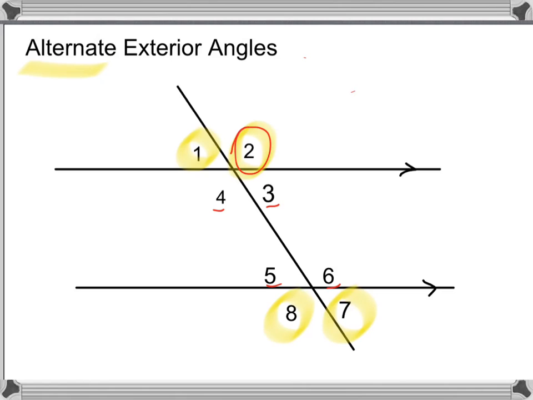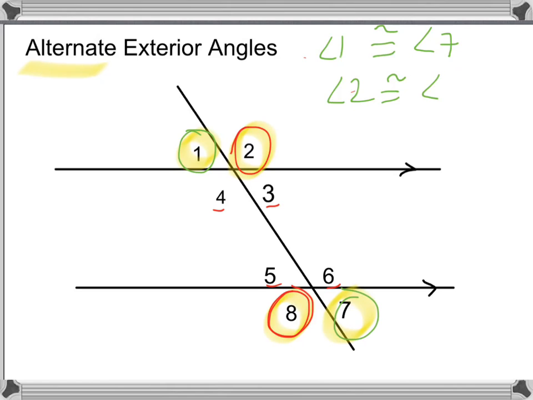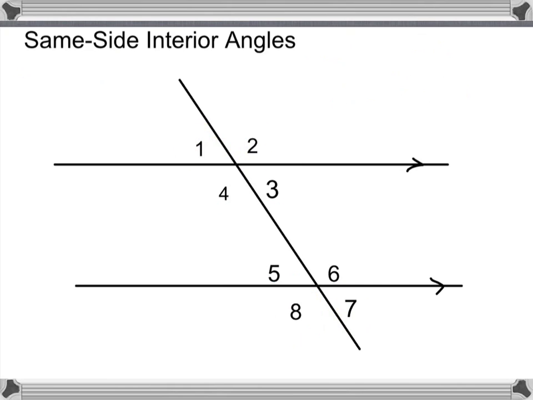So 2 and 8 are congruent, and 1 and 7 are congruent. So here are your pairs of alternate angles. Angle 1 is congruent to angle 7, and angle 2 is congruent to angle 8.